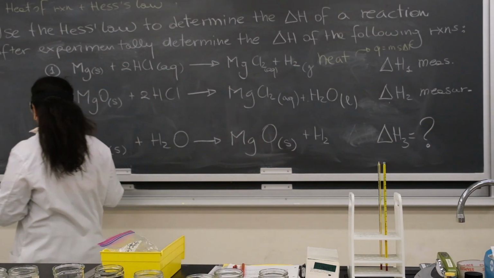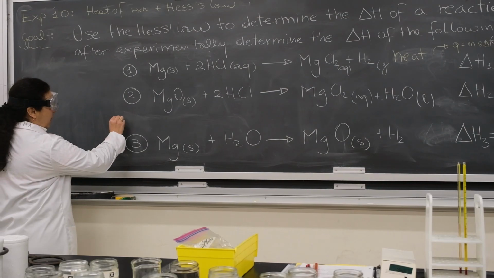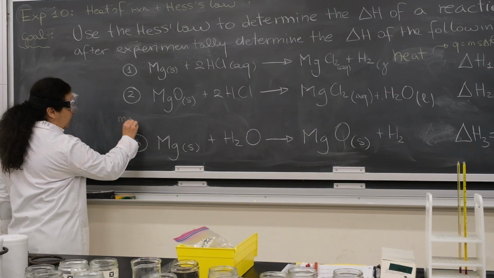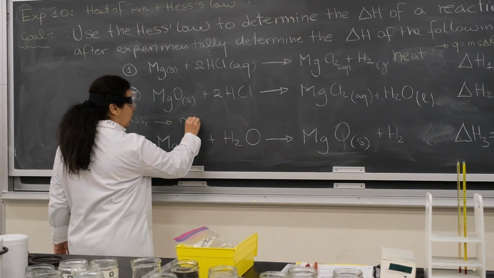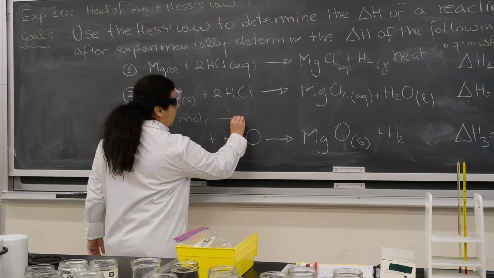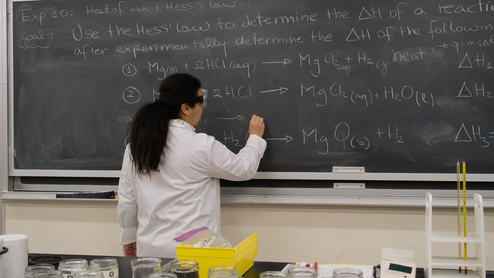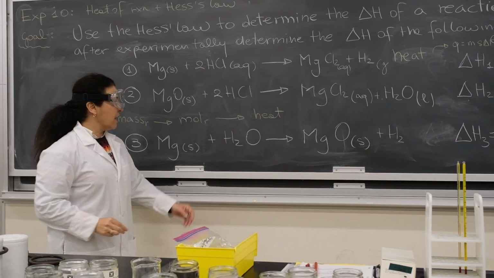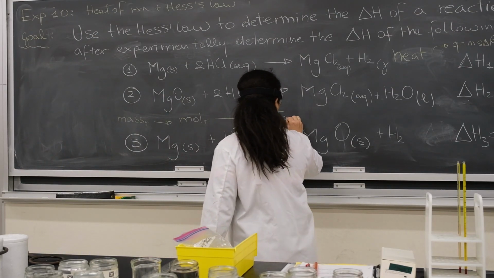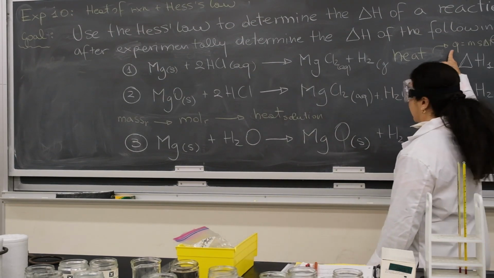So what is it that we are doing? We have a certain mass of reactants that goes to moles of reactants, which gives us our heat. So the heat is for the solution, and is measured with this equation.